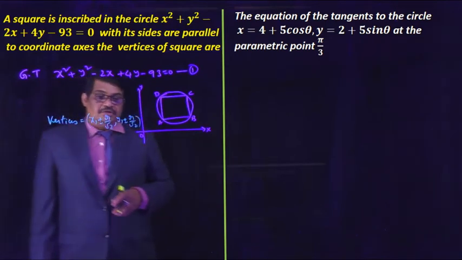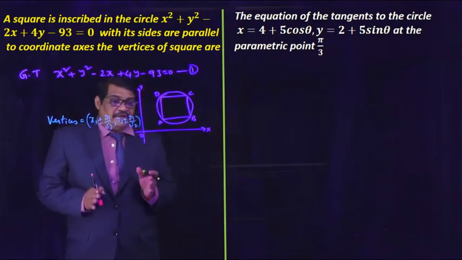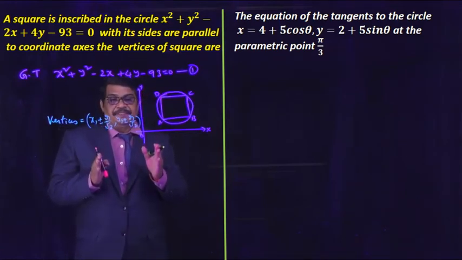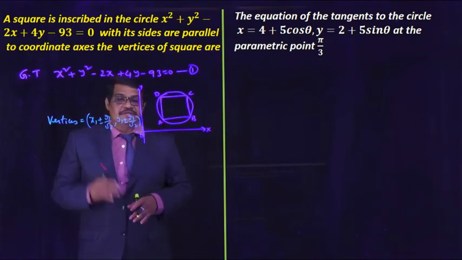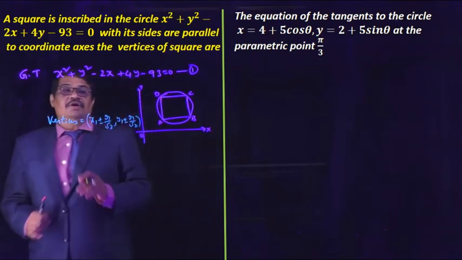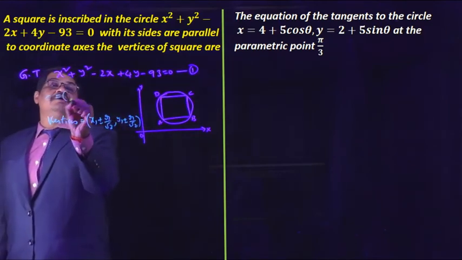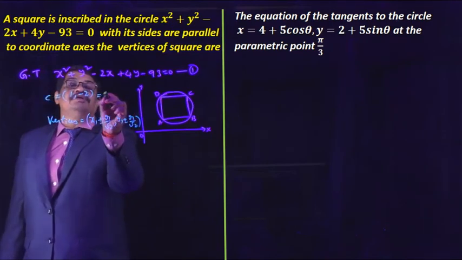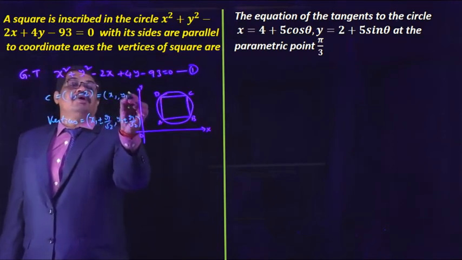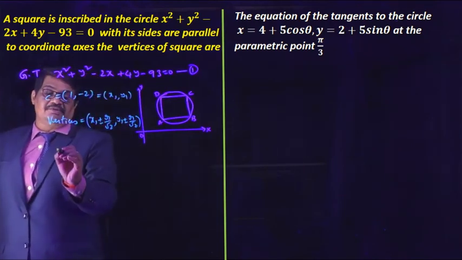These are the coordinates of the vertices of a square inscribed in a circle with radius r. Here (x1, y1) is the center of the circle. Now we are writing the center of the circle, that is (1, minus 2). These are the coordinates x1, y1. What is the radius of the circle?